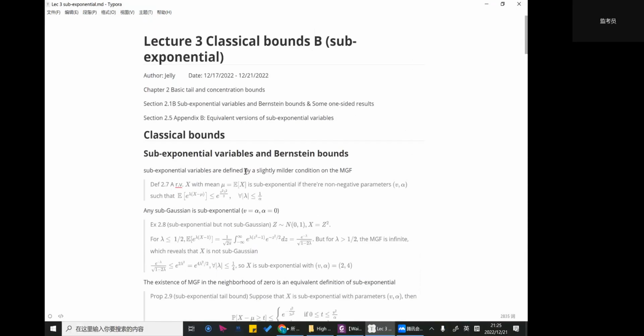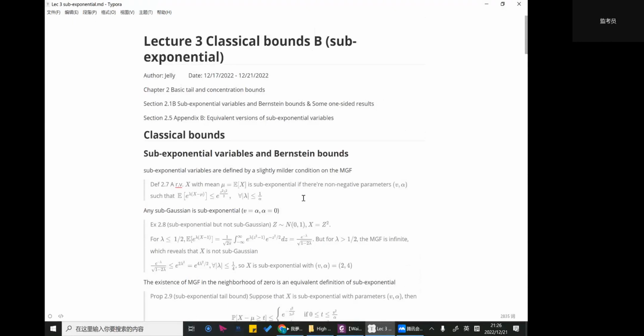It's about sub-exponential variables and Bernstein type bounds. So we compare this with sub-Gaussian, and it has a slightly milder condition on the moment generating function. And under different circumstances, we may apply different bounds, Hoeffding bound or Bernstein bound. If you have the information of variance, and when t is smaller or larger, you may apply different bounds based on the formula of each bound.